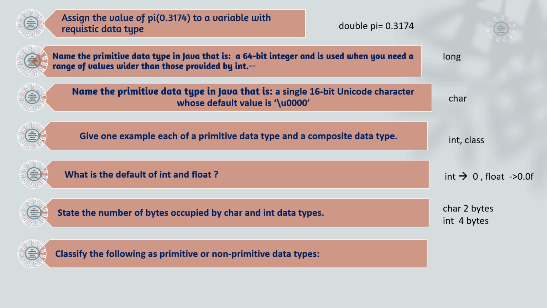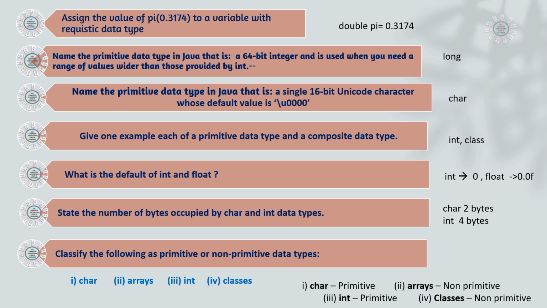And here, consider the following. This type of question can also come: classify the following as primitive and non-primitive data types. So in this case, you can see char, arrays, int, classes. char and int are primitive. So like this, we have to write the proper way. Don't just write char, int, write the output properly.